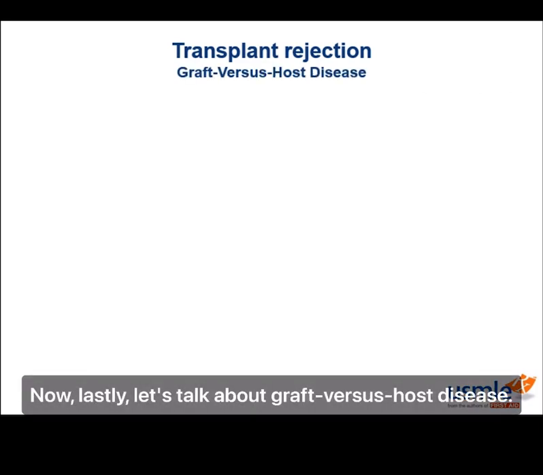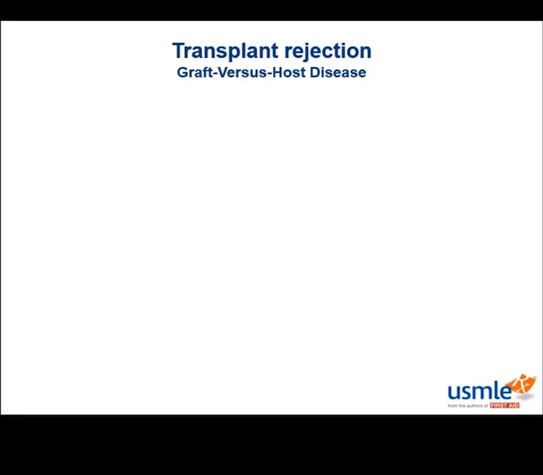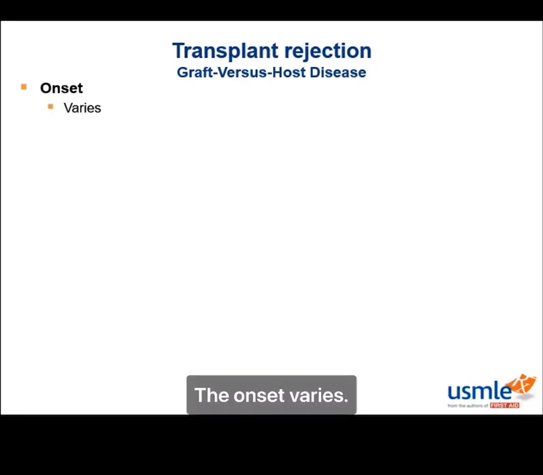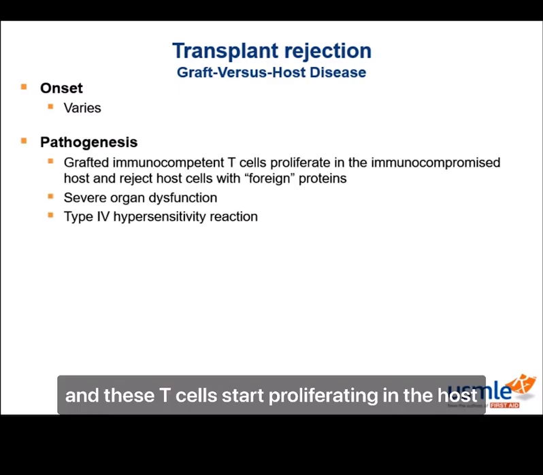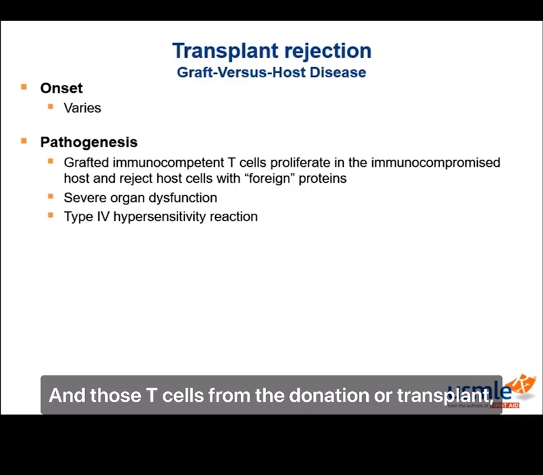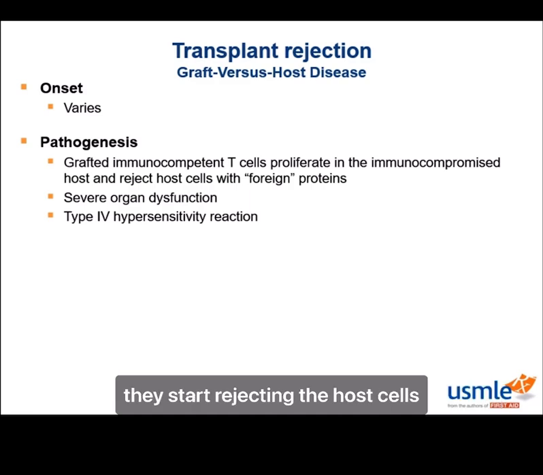Now lastly, let's talk about graft versus host disease. The onset varies. What happens is that we get T cells that came in with the graft, and these T cells start proliferating in the host or the recipient who is immunocompromised. And those T cells from the donation or transplant, they start rejecting the host cells with their foreign proteins.